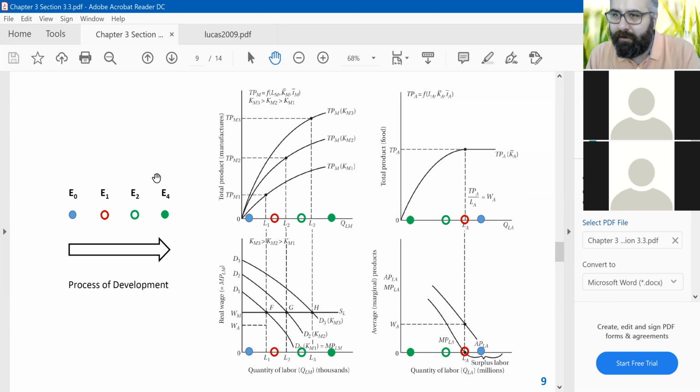This may not be entirely correct, and of course it depends on how you define a better or worse life. But in general, there are services associated with living in a city, with living in an urban environment.